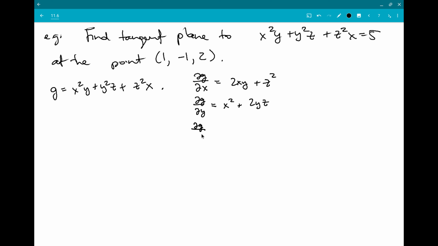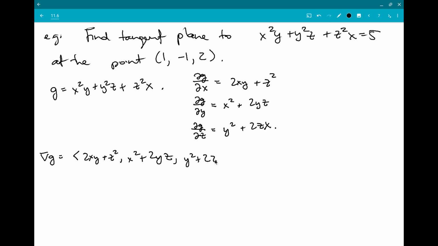And dg dz is 0 plus y squared plus 2zx. And so my gradient is just made up of those 3 components, 2xy plus z squared, x squared plus 2yz, y squared plus 2zx.